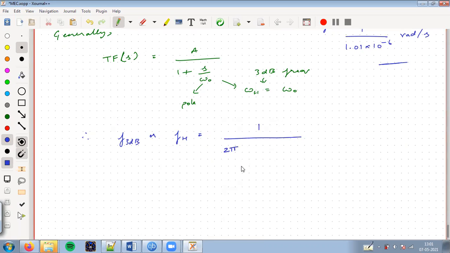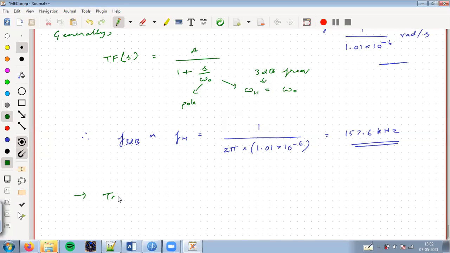It is in radians per second, and I can't keep it in radians per second, so I have to write it in kilohertz or in hertz. So into 1.01 into 10 power minus 6. This will finally turn out to be 157.6 kilohertz.